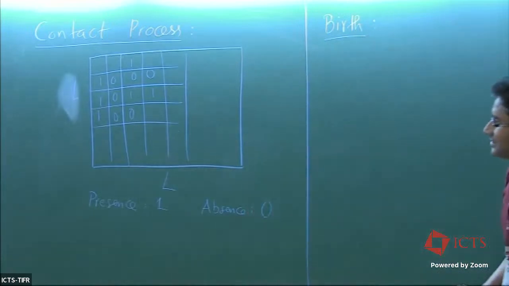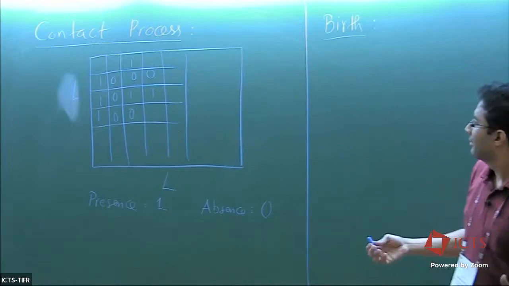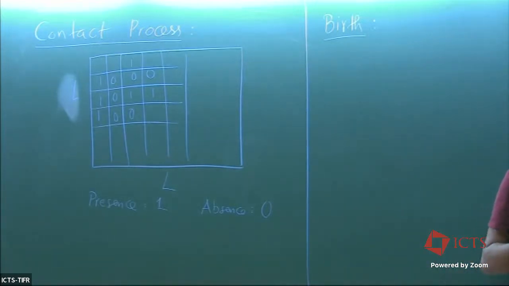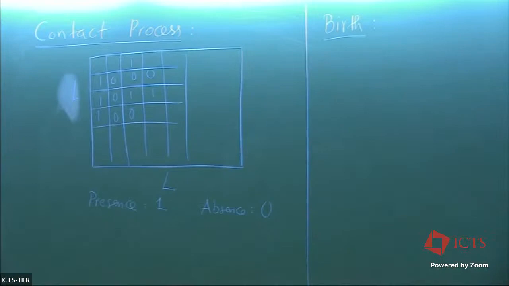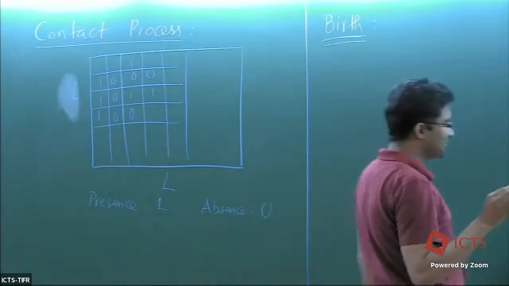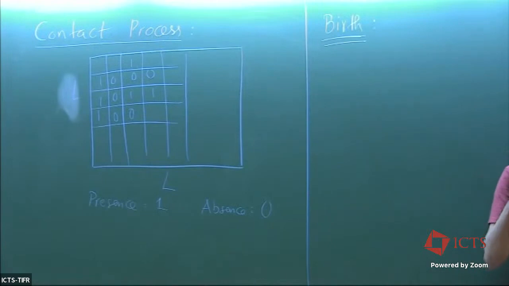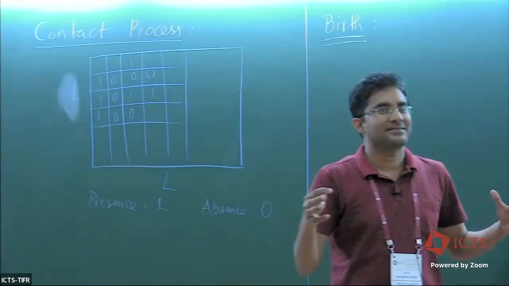The idea is that for birth to happen, you need to have an individual present, right? So birth cannot happen spontaneously.